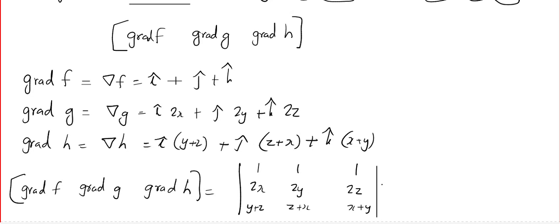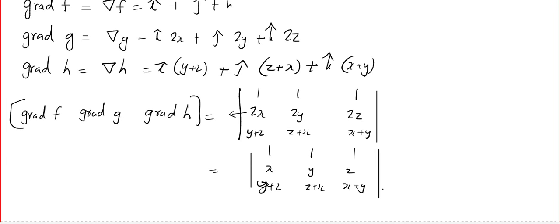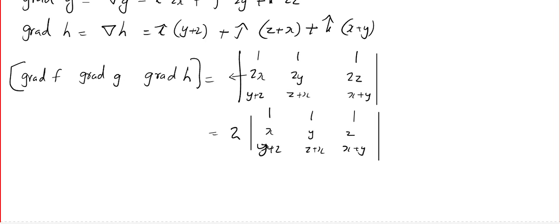You can expand it in any method. Anyway, I am going to use the property. I am going to take this 2 outside. So you get 1, 1, 1, x, y, z, y plus z, z plus x, x plus y. So 2 will be here.